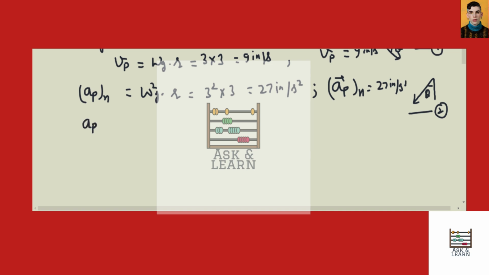Tangential acceleration of P is alpha gear into R, 2 into 3, that is 6 inch per second square, and in vector form it can be written as 6 inch per second square.